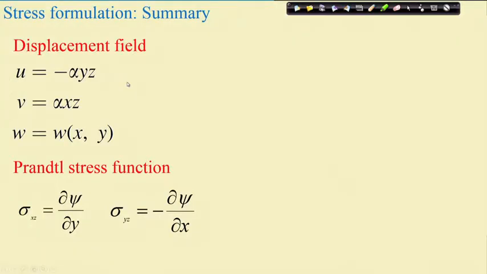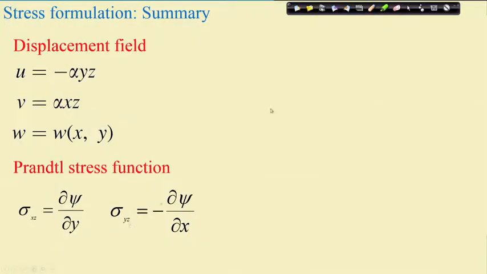We discussed that in the last class. Once we have this displacement field, it gives us some of the strain components as 0 and some of the stress components as 0.